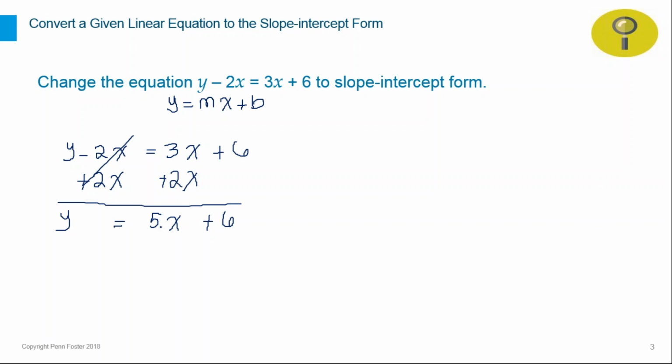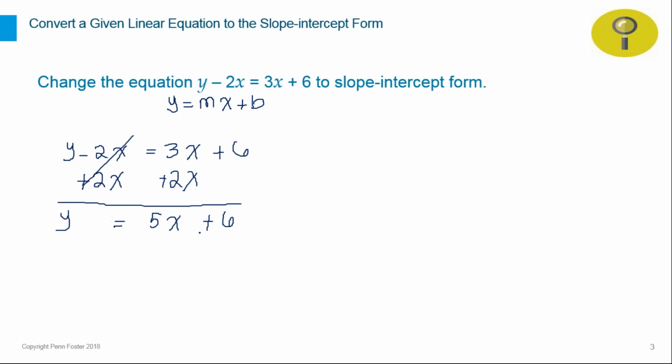Now, let's say we wanted to graph the line given the original equation. Step number one, which would be an easier way to do it, is to convert the equation to the slope-intercept form, which is what we have done already. The second step is to find 2 points that this line goes through.